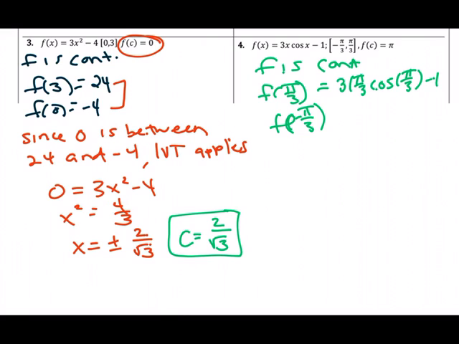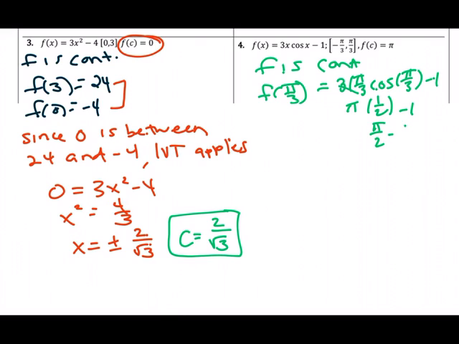And if we simplify this, this is going to give me pi, those 3's are going to divide out, cosine of pi over 3 is 1/2 minus 1. So this is really pi over 2 minus 1.